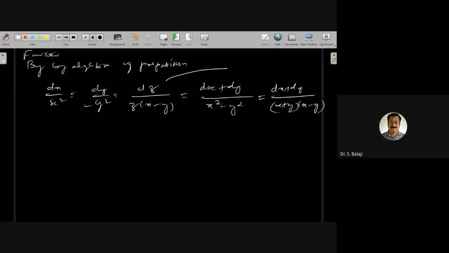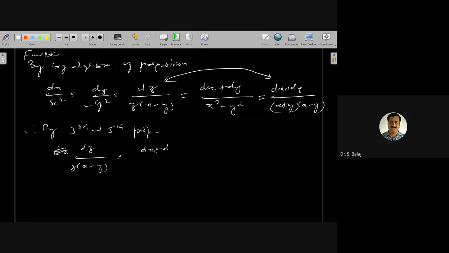Now you club these two proportions, x minus y gets cancelled: dz by z, and here d of x plus y by x plus y. So by third and fifth proportion, dz by z equals dx plus dy over x plus y into x minus y, and this x minus y gets cancelled.